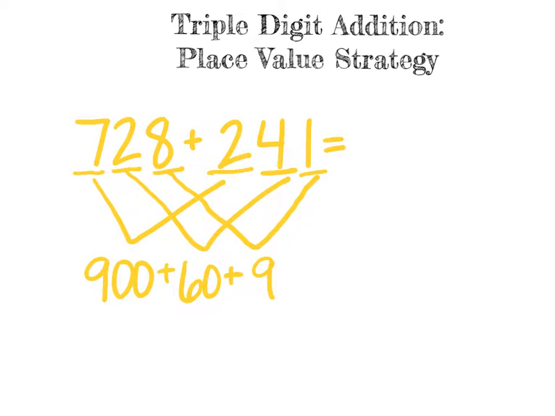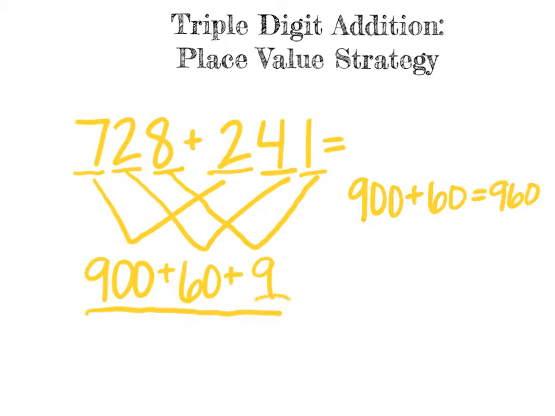And I can add my numbers together just by doing 900 plus 60 plus 9, or I can break it up. So if I'm going to break it up, I would do 900 plus 60. And that equals 960, and then I need to add the 9, so I would take 960 plus 9, and my answer is 969, okay?